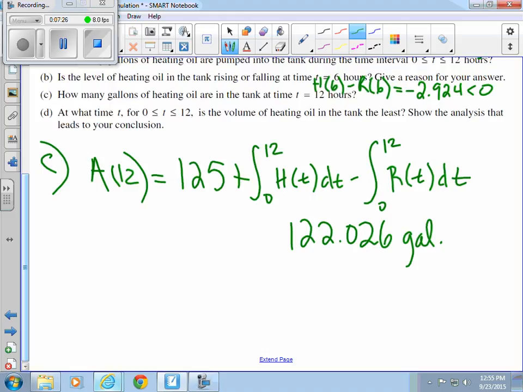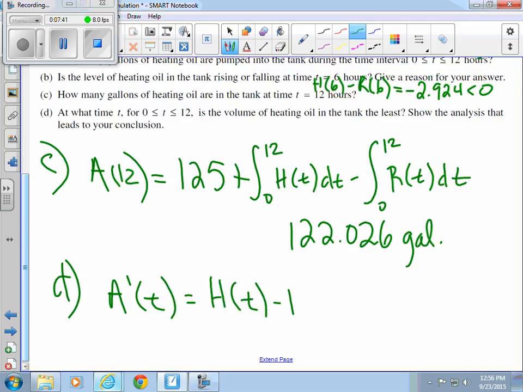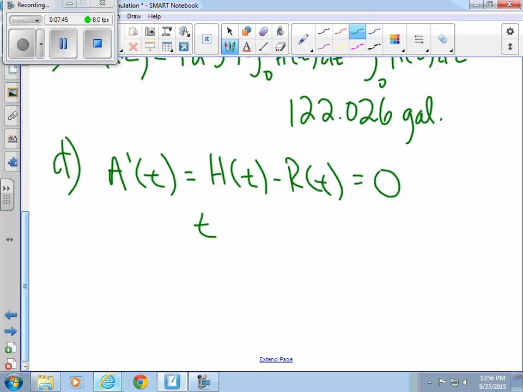How am I going to find the critical points? Set what equal to 0? The derivative, right? So I'm going to call it A prime of t, which is h of t minus r of t equals 0, right? And I'm going to find those t values.